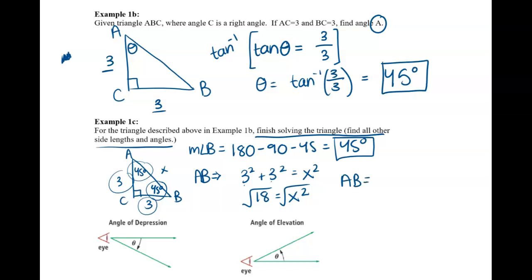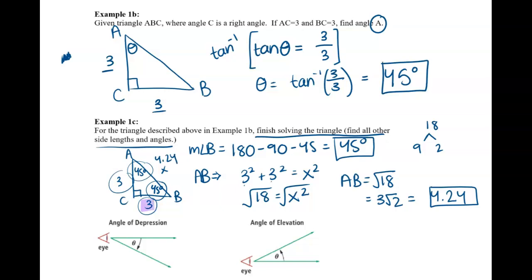So AB is the square root of 18. If you want to split it this way, 9 times 2 is 18, so this is the same as 3 square root of 2. Not a huge deal if you didn't see that right away. Calculator, 4.24. So we can put a 4.24 there.